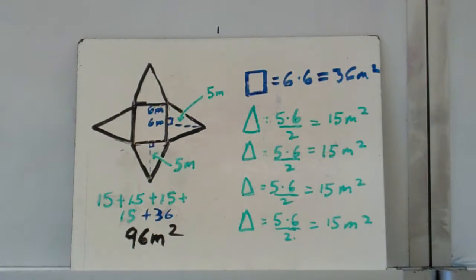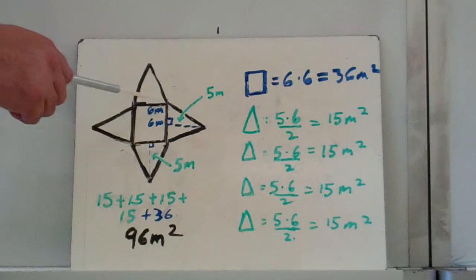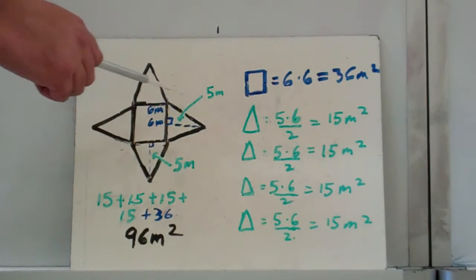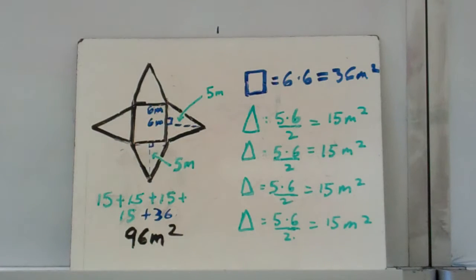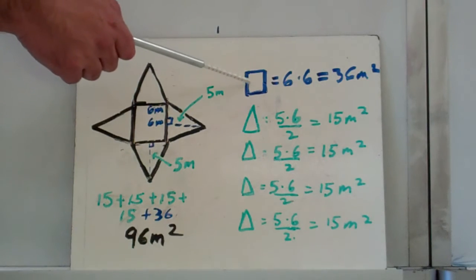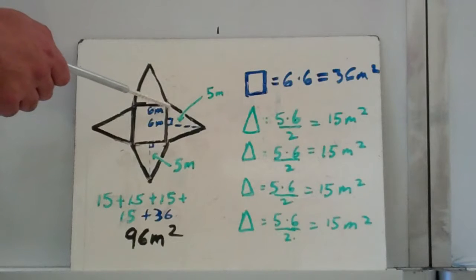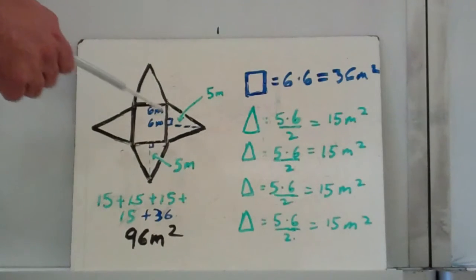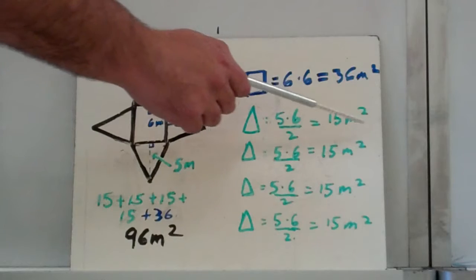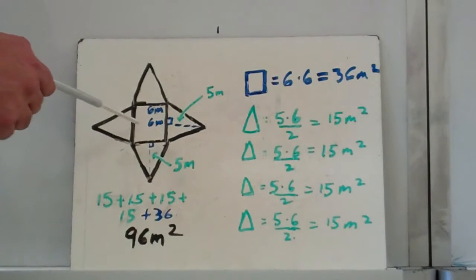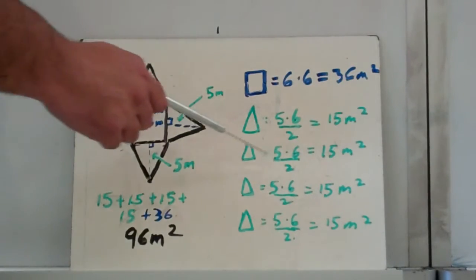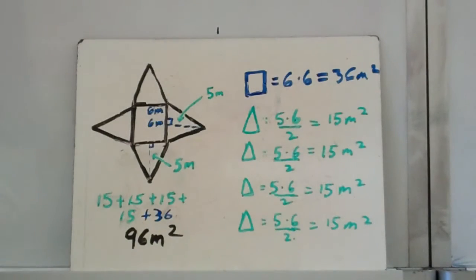On this example, I've got a square base of 6 by 6 meters, and a slant height of 5 meters. So we figure out the area of the base, which is 6 times 6, which is 36 meters squared. Then we figure out the area of one of the triangular faces, so 6 times the 5, which is the slant height, divided by 2, leaves me with 15 meters squared. The other three triangular faces are each 6 times 5, divided by 2, which is 15 meters squared.